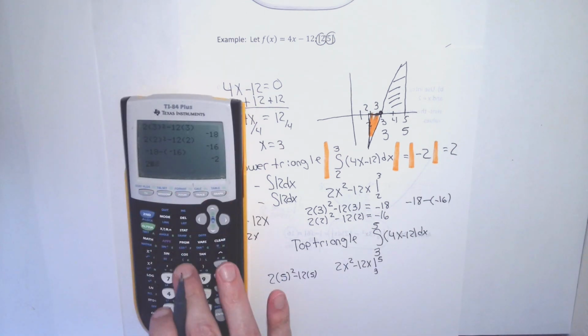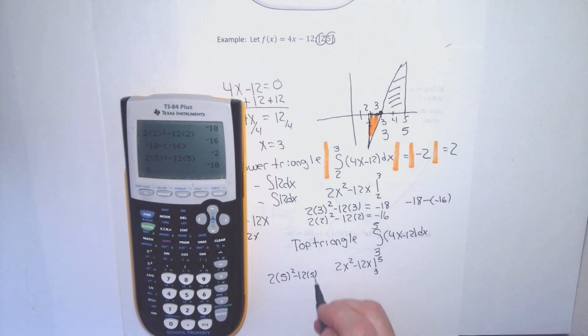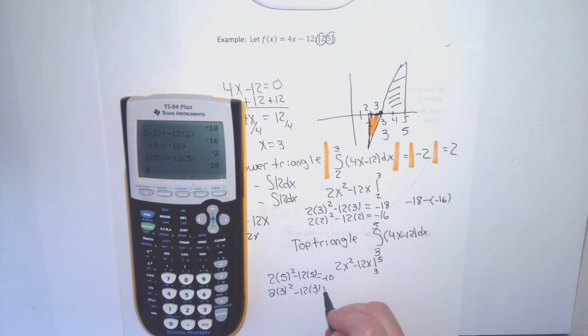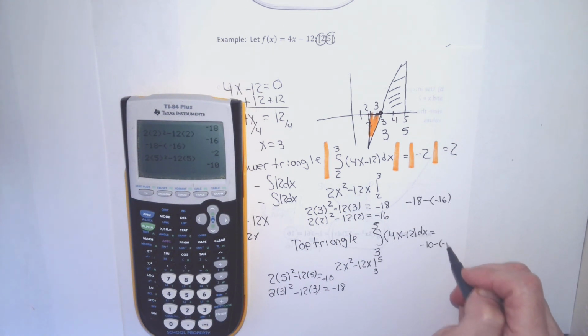So 2 times 5 squared minus 12 times 5 is going to give me negative 10. And then I'm going to do 2 times 3 squared minus 12 times 3. And that computation I did up here, so I don't need to do it again. That's negative 18. So for this integral, I do the number from the top computation, negative 10, minus the number I got from the bottom computation, negative 18.